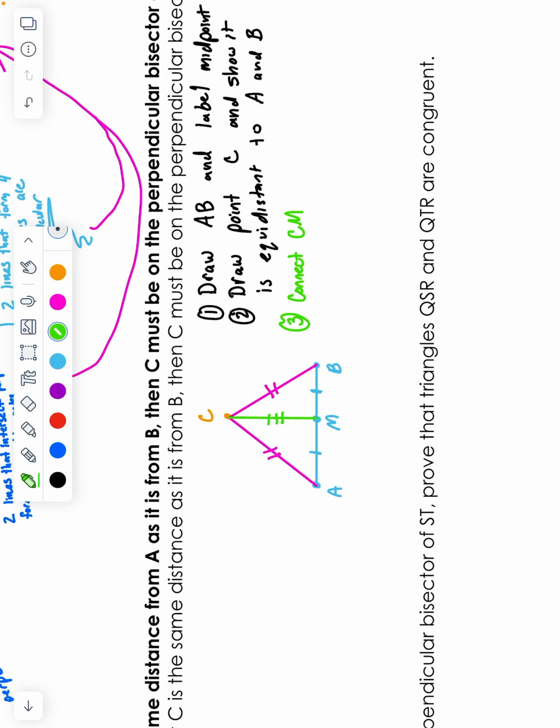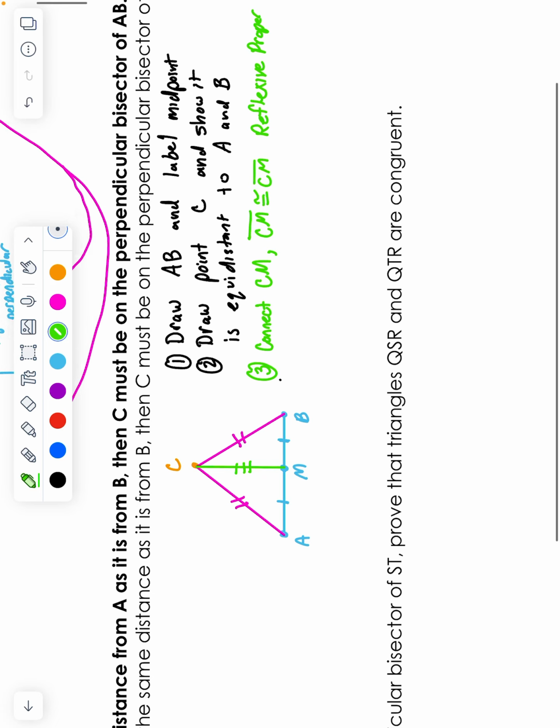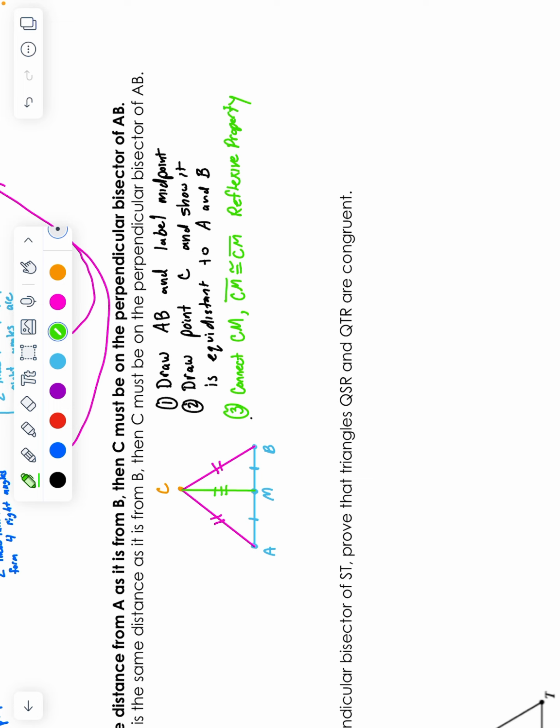And now we're going to talk about things. Again, we're just kind of freestyling this. Next, CM is congruent to CM by the reflexive property. Let's rewind a little bit.